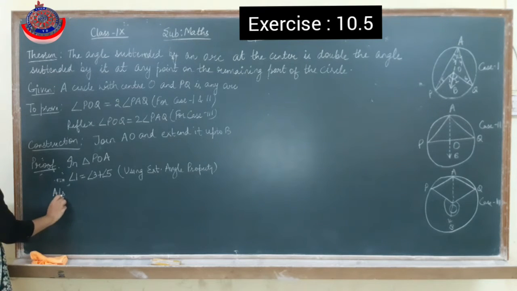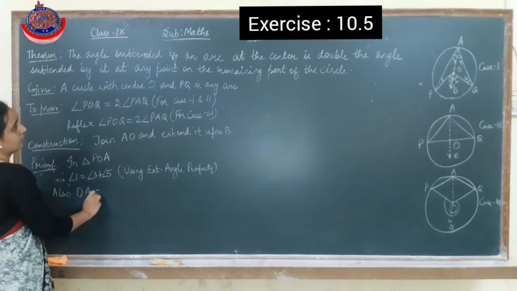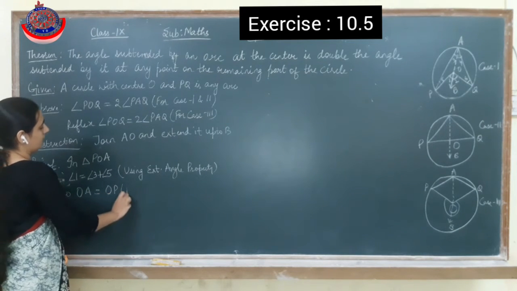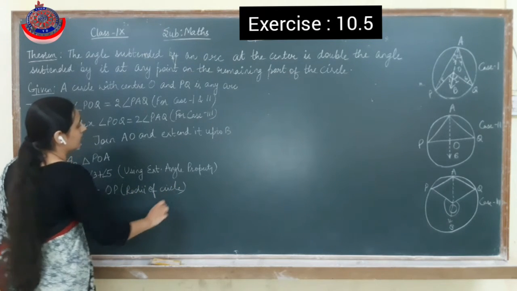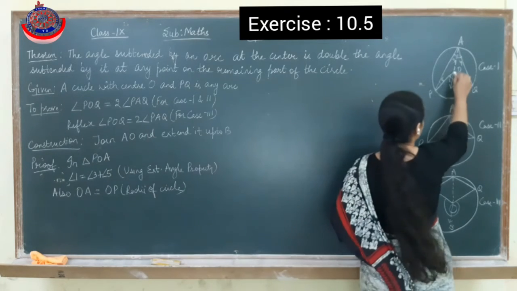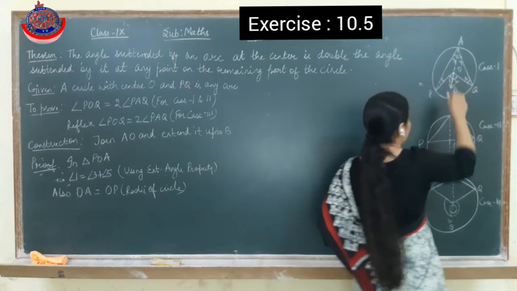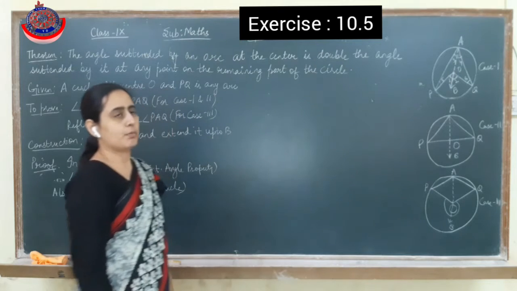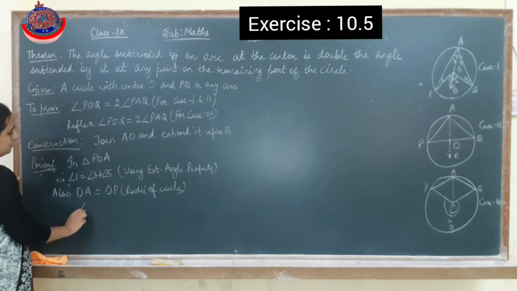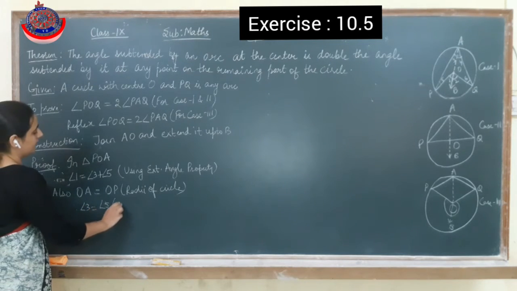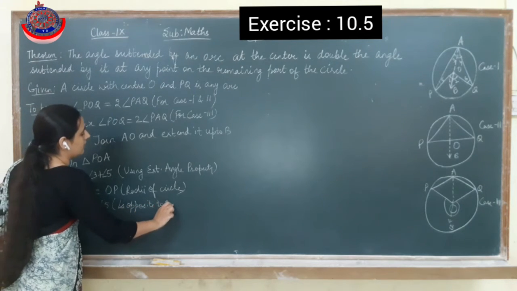Also, in the same triangle, as OA is equal to OP, the radii of the circle, both sides are equal. When two sides are equal, then the angles opposite to those two sides are also equal. So angle 3 is equal to angle 5, angles opposite to equal sides.